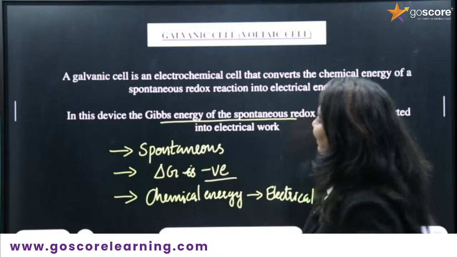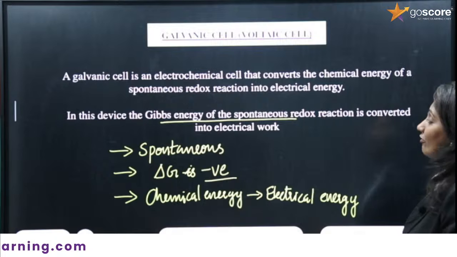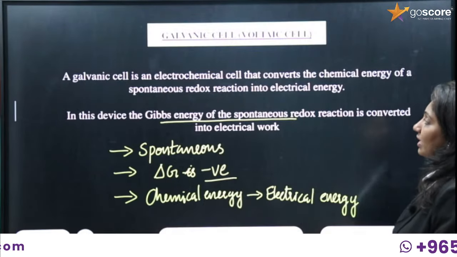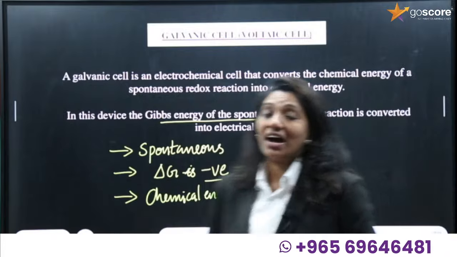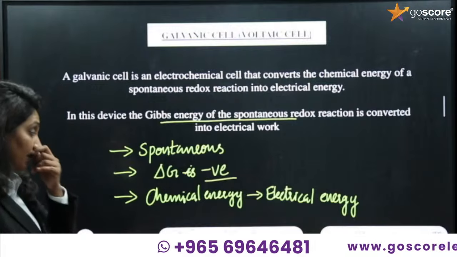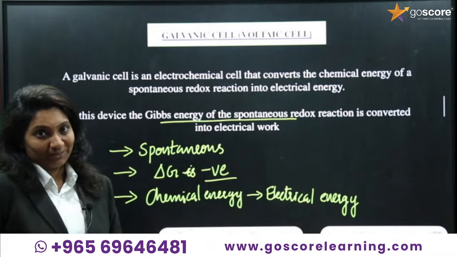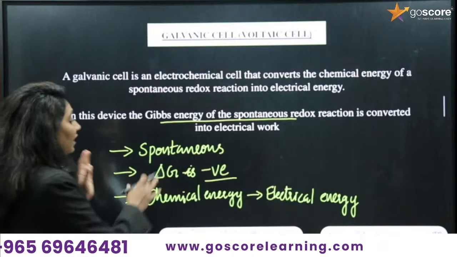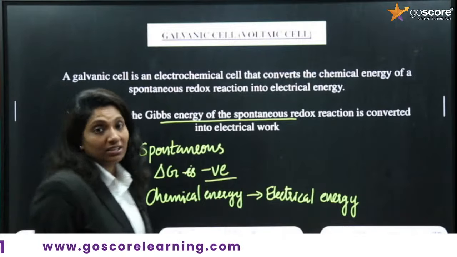So the galvanic cell is an electrochemical cell that converts the chemical energy of a spontaneous redox reaction into electrical energy, and in this device the Gibbs energy of the spontaneous redox reaction is converted into electrical work. If you are clear with those three points, you can easily define the galvanic cell.